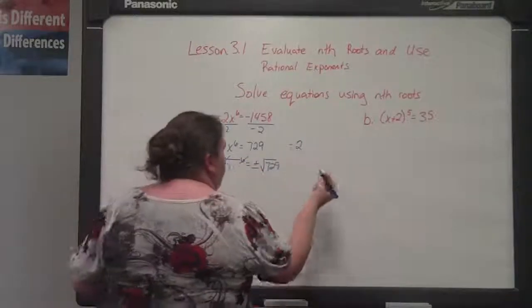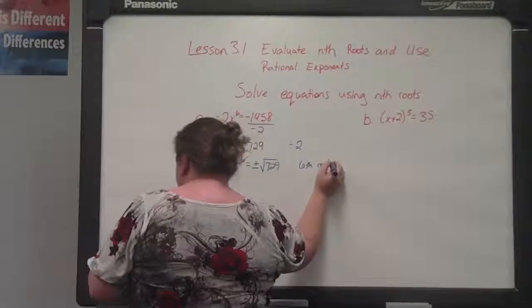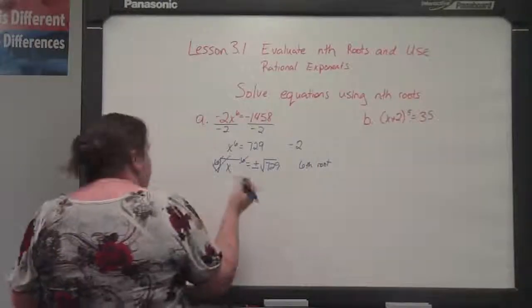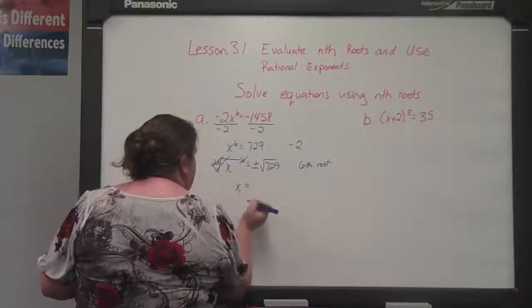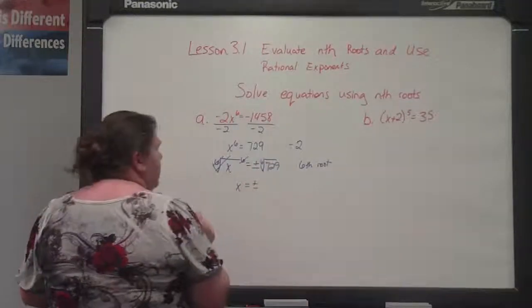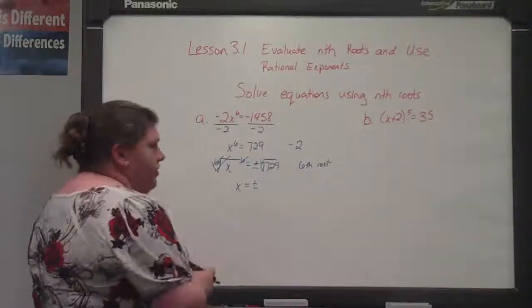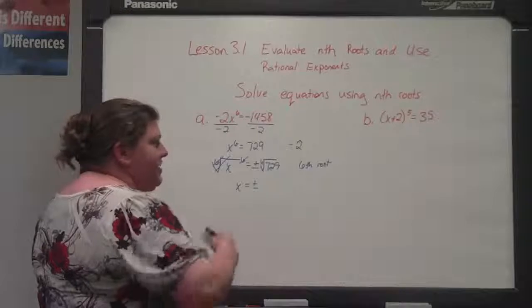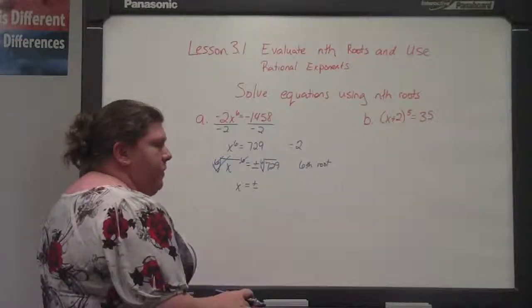All we did was find the 6th root. Now x is going to be equal to a plus or minus, I'm sorry, I forgot my 6 up there. We need to know what number times itself 6 times equals 729.